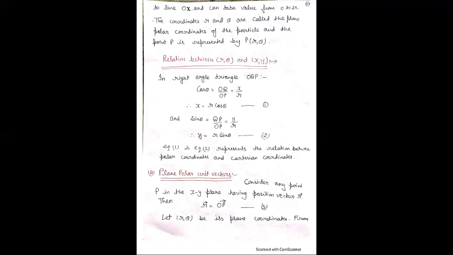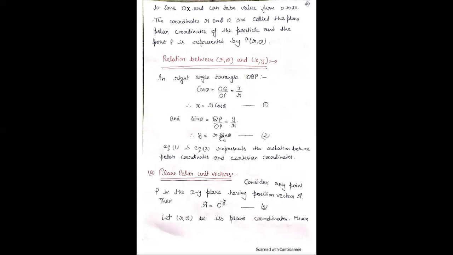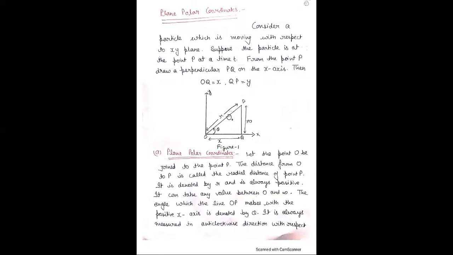Now the next is, what is the relation between the Cartesian coordinates x and y, and the polar coordinates r and theta? In right angle triangle OPQ, what is cos theta?